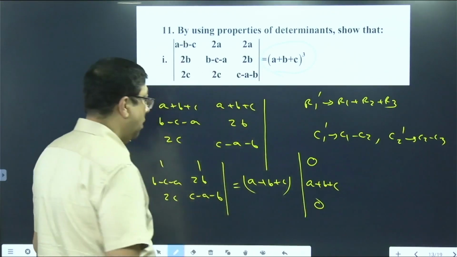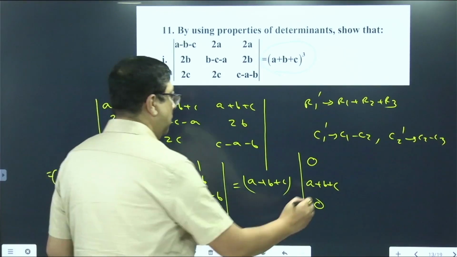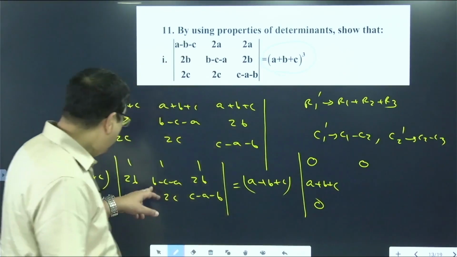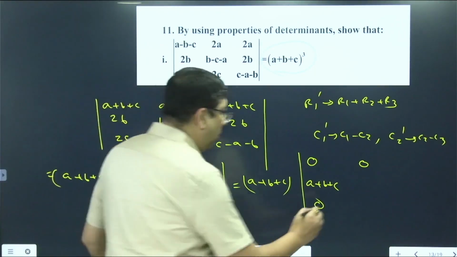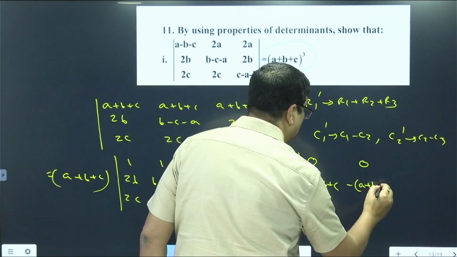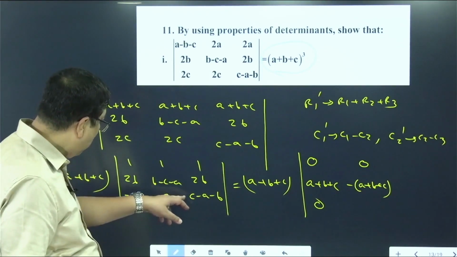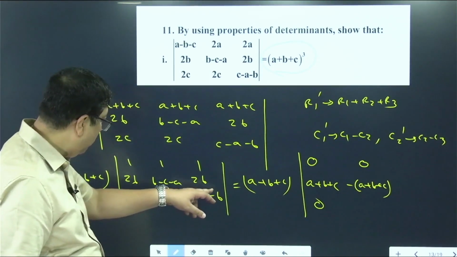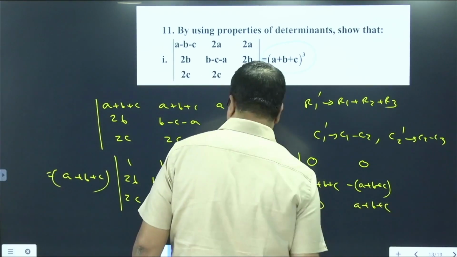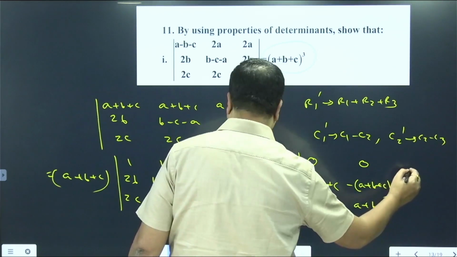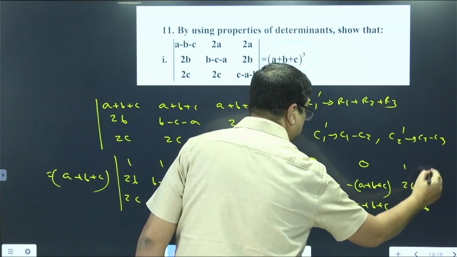On C2, C2 minus C3, 1 minus 1 is 0, b minus c minus a minus b, that is minus of a plus b plus c. And here 2c minus c minus of minus a minus of minus b, it means a plus b plus c, and finally 1, 2b, c minus a minus b.